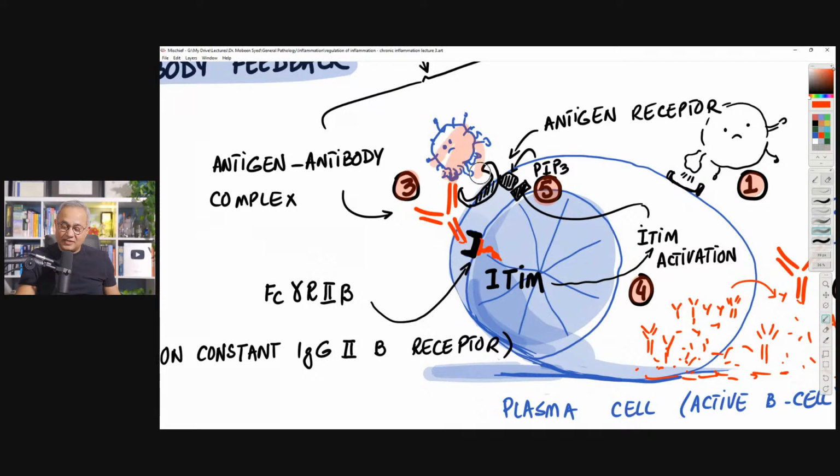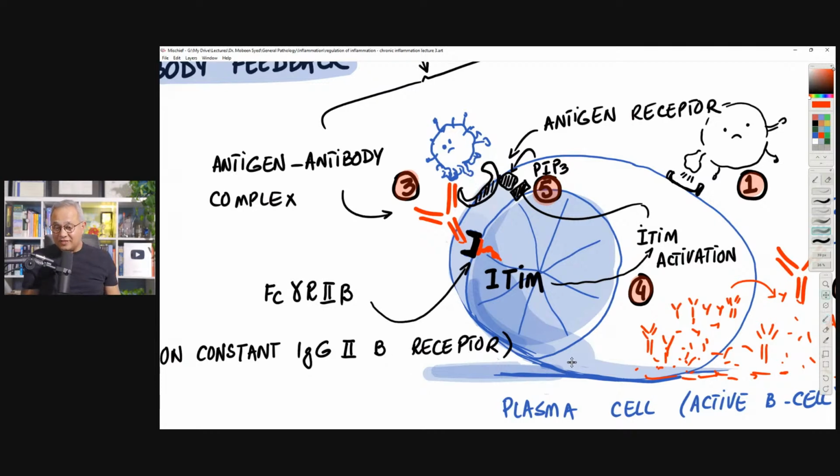So here, the antibody is holding the antigen, and that antigen cross-binds with another antigen receptor on the B cell, like a short circuit. So there is this complex, right? The antibody tail, I'm calling it tail, Fc part, is binding with this receptor, while the antigen that it is holding is binding with another receptor.